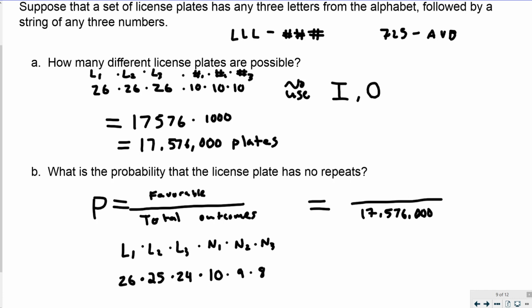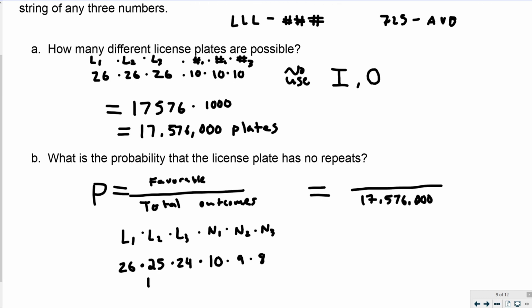So 26 times 25 times 24, I did that wrong before, is 15,600 times 10 times 9 times 8, which is 720.